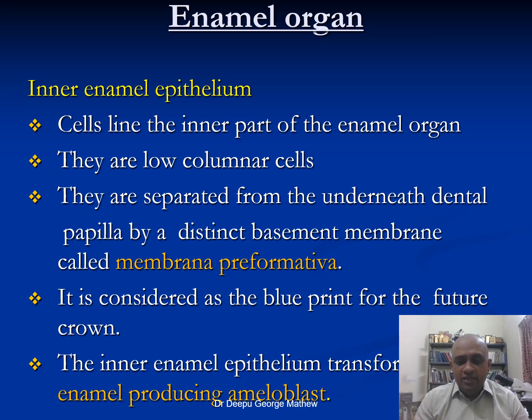The way in which this inner enamel epithelium is arranged in relation to the dental papilla in the early bell stage gives you an idea of the blueprint for the morphology of the future crown. Later, the inner enamel epithelium in the advanced bell stage will transform into ameloblasts and start secreting enamel.